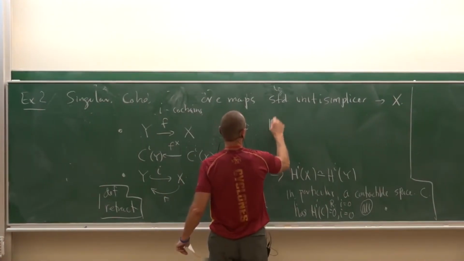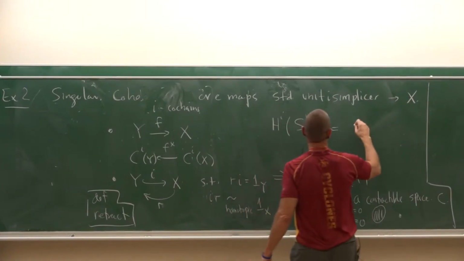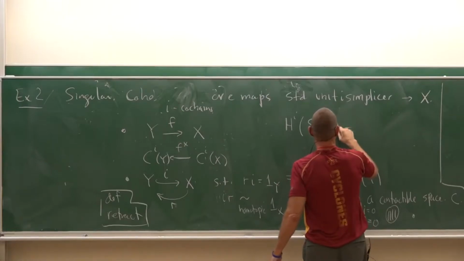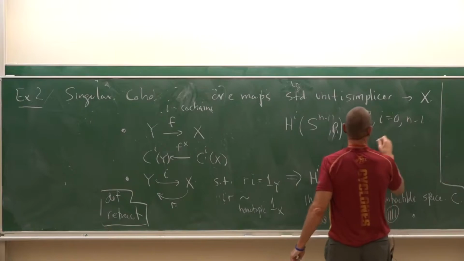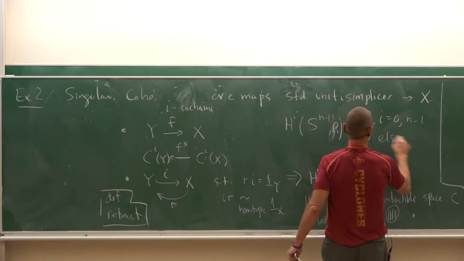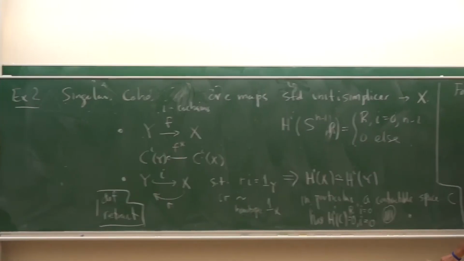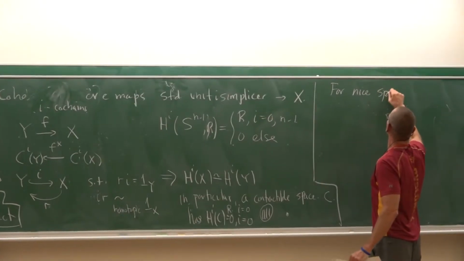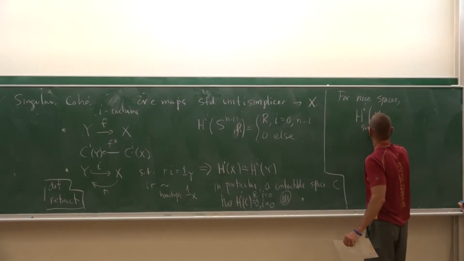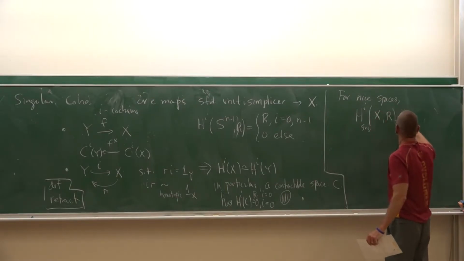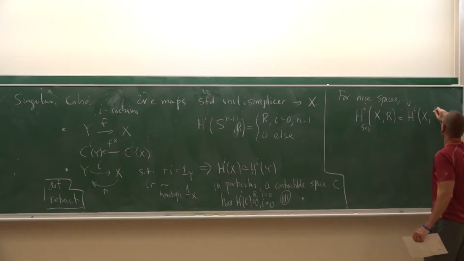Hi of S^(n-1) with R coefficients is R if i is equal to 0 or n minus 1, and 0 otherwise. And for nice spaces, the singular cohomology of X with R coefficients is going to be equal to the Čech cohomology of X with R coefficients.